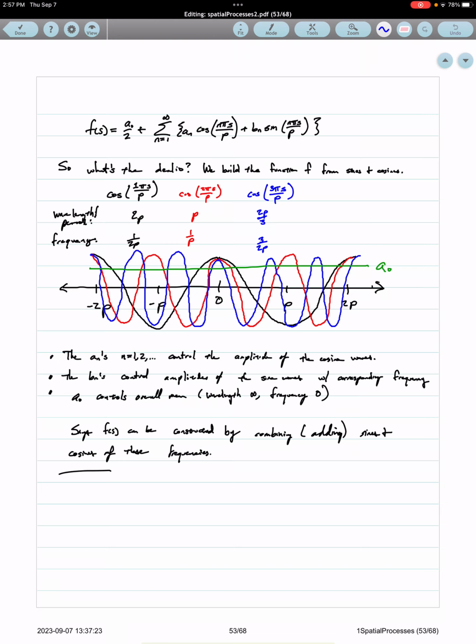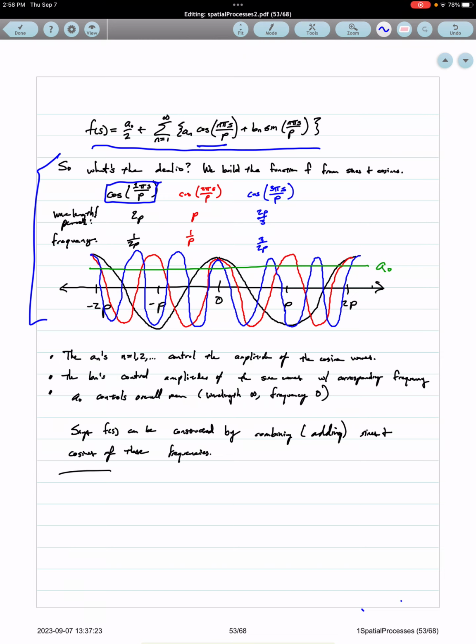Okay, so this slide is just supposed to illustrate this. As I said before, what we're doing with this representation is we're going to build the function from this combination of sines and cosines. And so in this picture, I'm just doing the cosine piece. When n is equal to 1, we're looking at this piece.